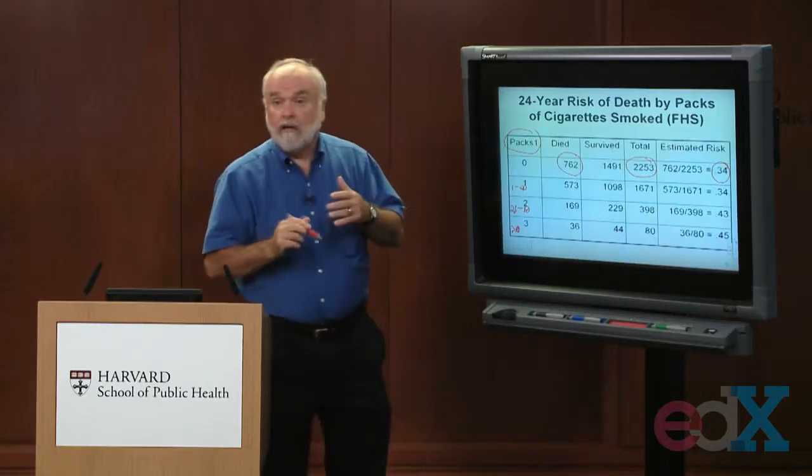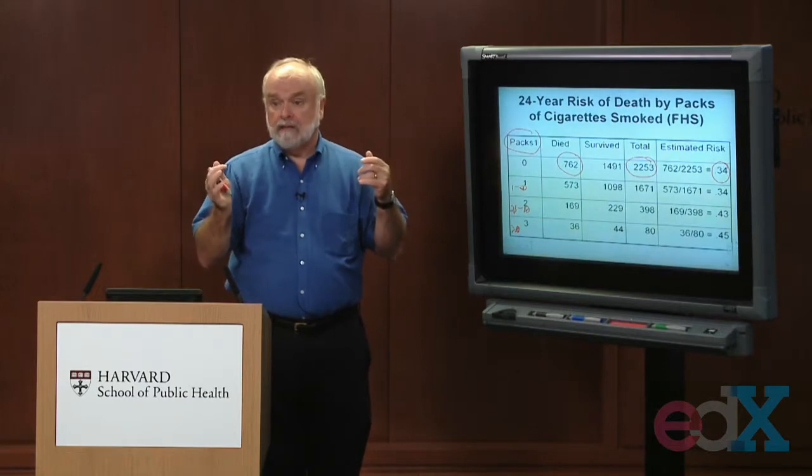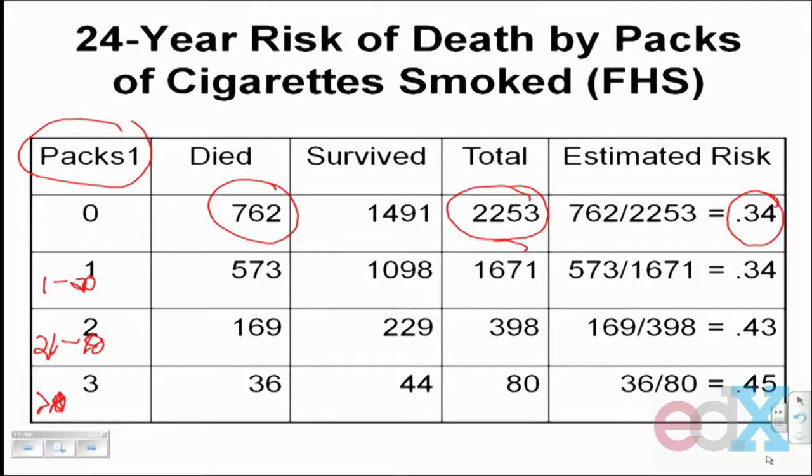Now we can do the same calculation for the 1-pack-a-day smokers, the light smokers if you want to think of them as. There were 1,671 of them, 573 died. Their estimated risk, their cumulative incidence, 573 divided by 1,671 would be 34% also. And likewise, we could do it for the 2 heavier categories of smoking. For the 2-pack-a-day smokers, their estimated risk is 43%, and for the 3-pack-a-day smokers, it's 45%.